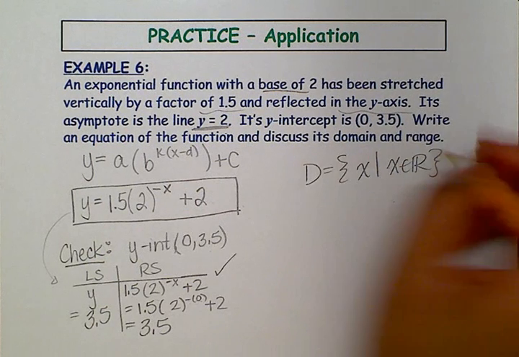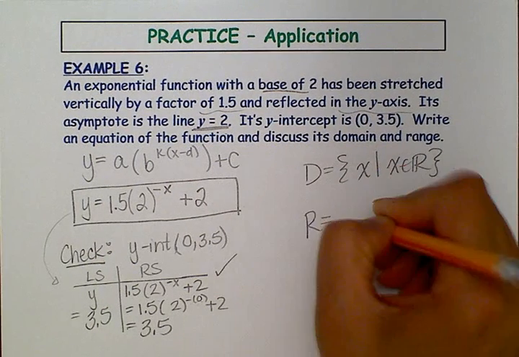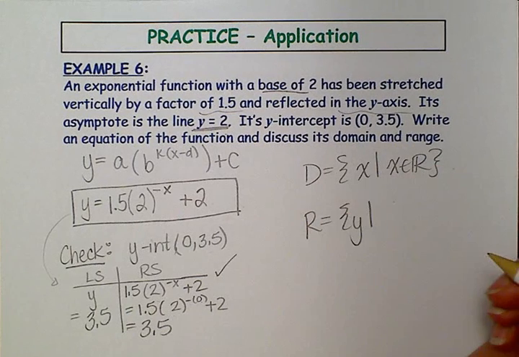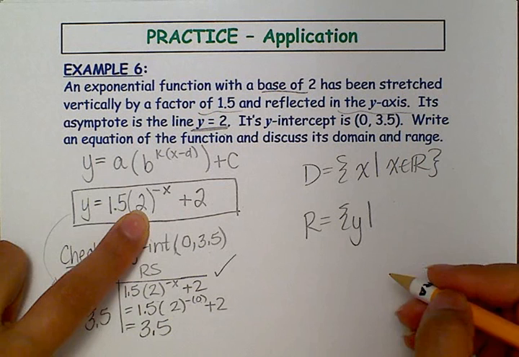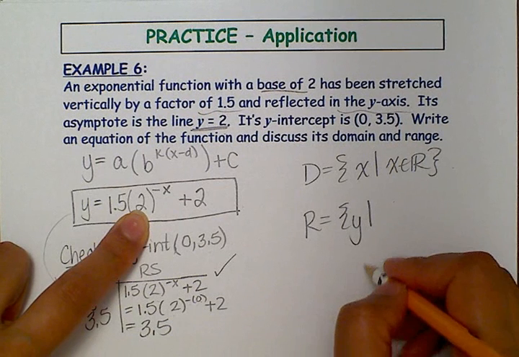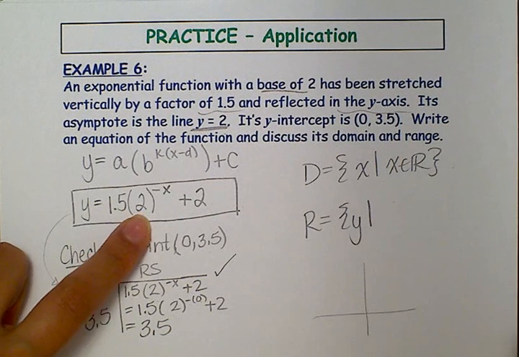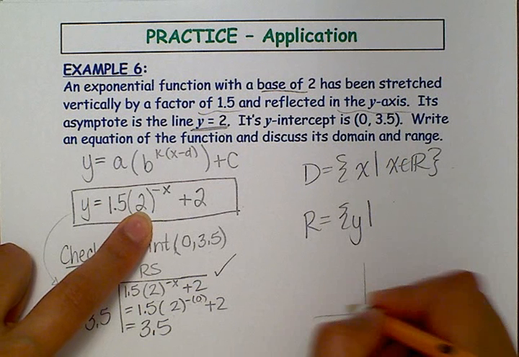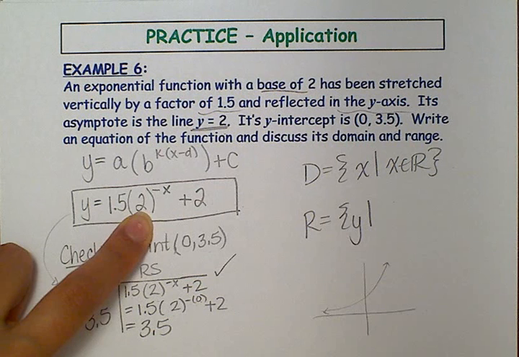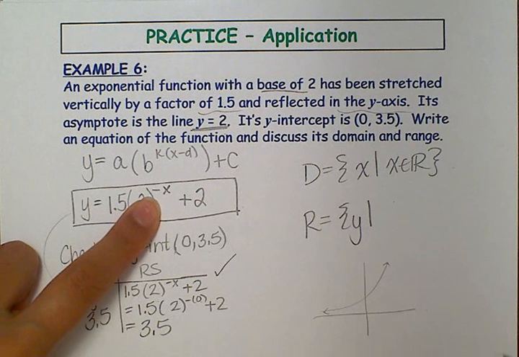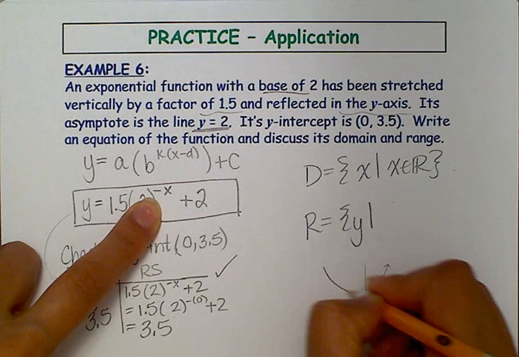The range, on the other hand. Because the graph has only been reflected horizontally, if we get an idea of what the graph would look like, 2 to the exponent x would go up and to the right because the base is greater than 1. But then it's got a horizontal reflection, which means it would come down and to the right like this.